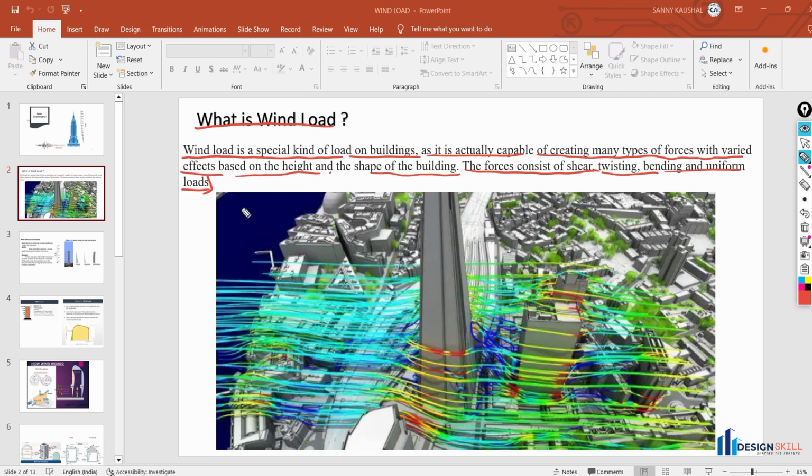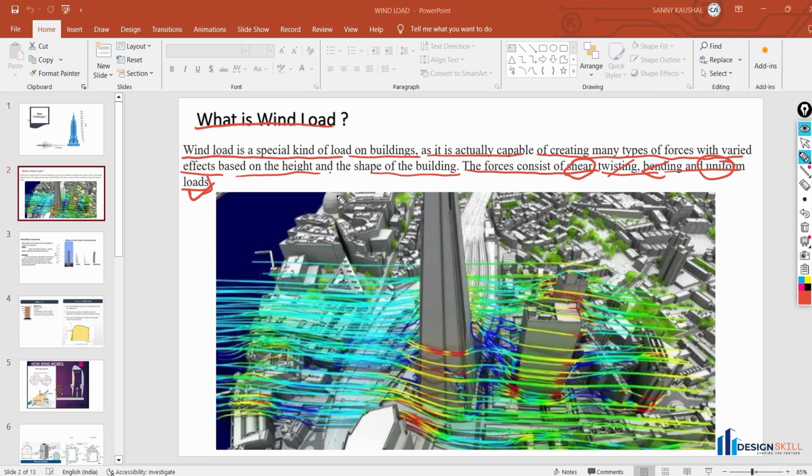The forces will be created on the basis of the height and the shape of the building.